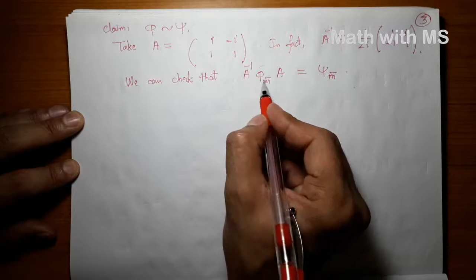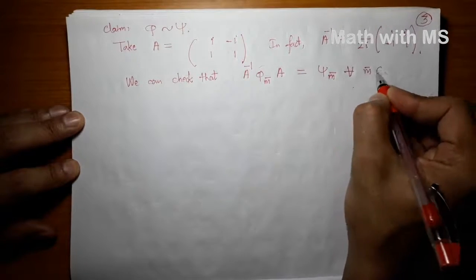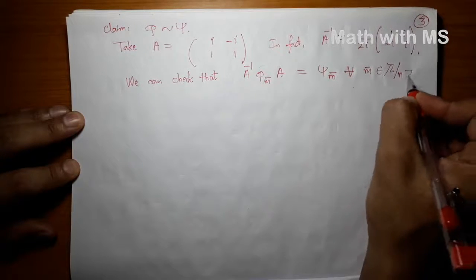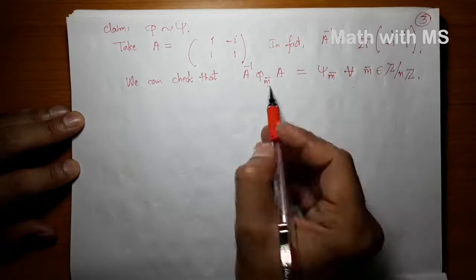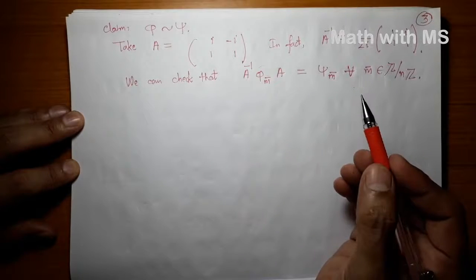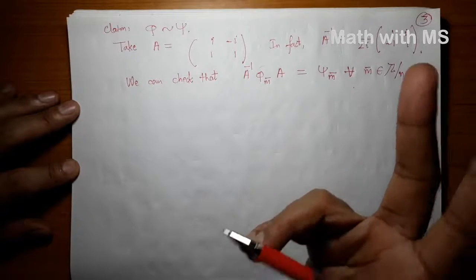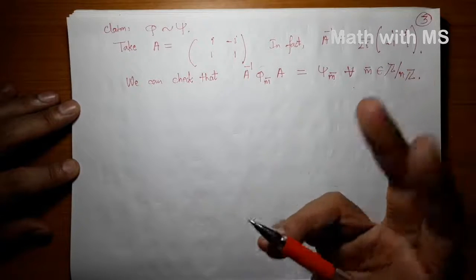And A inverse phi of m bar A is psi of m bar for all m bar in Z mod nZ. Therefore phi and psi are equivalent degree 2 representations, which are not the same as maps, not the same as group homomorphisms.